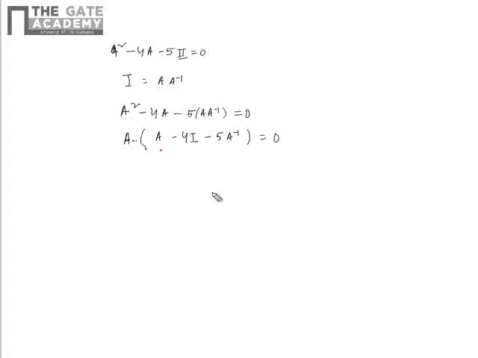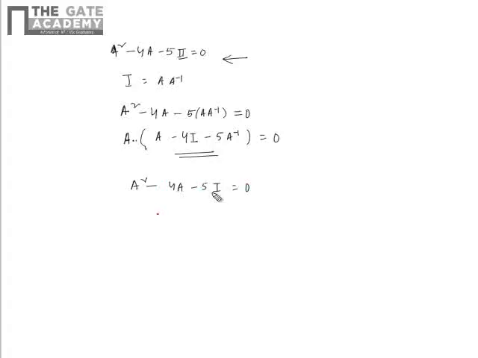Probably the best way to understand this would be, take this matrix, A square minus 4A minus 5I is equal to null matrix.